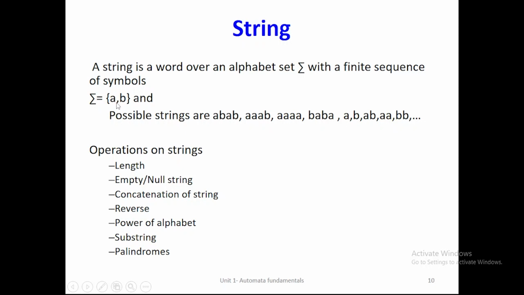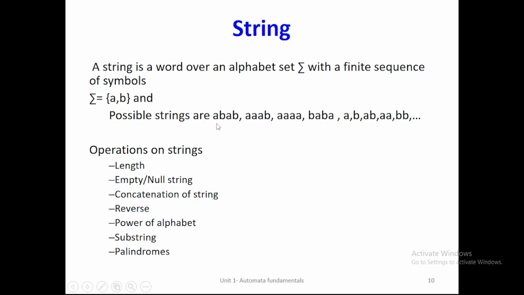If you want to frame a single letter word, only two strings are possible: one is A and the second one is B. These are all single letter strings. Two letter strings are AA, AB, BA, BB. If you want to frame three letter strings, there are two alphabet symbols available, so the number is 2 and the length of the string is 3. So 2 power 3 means there are 8 possible strings.